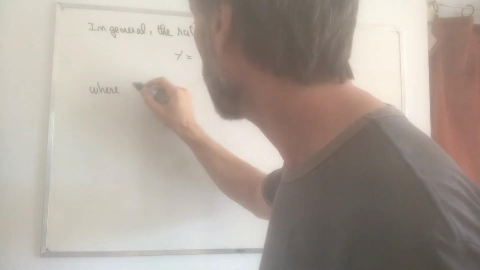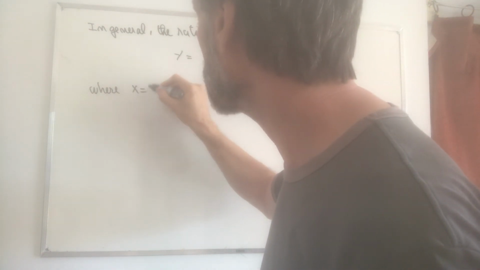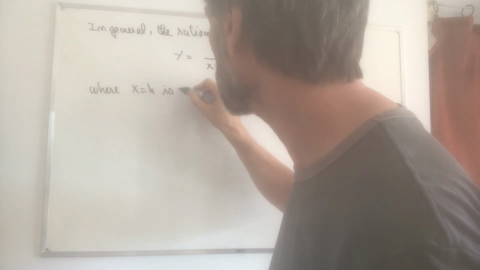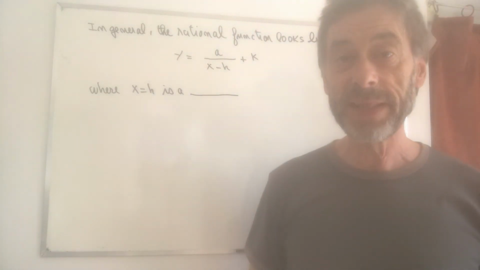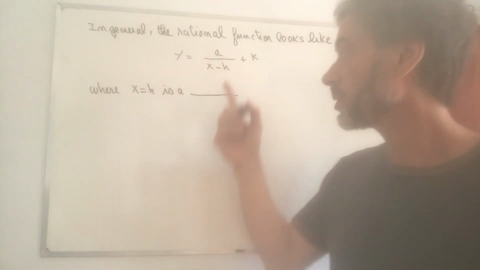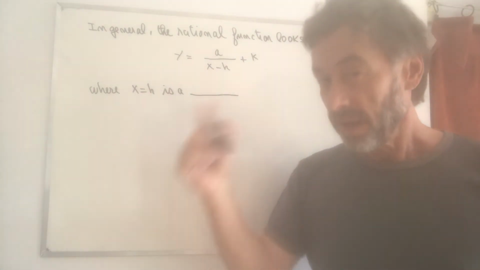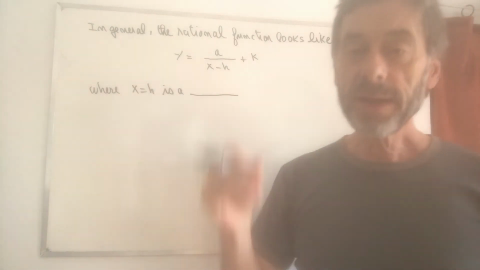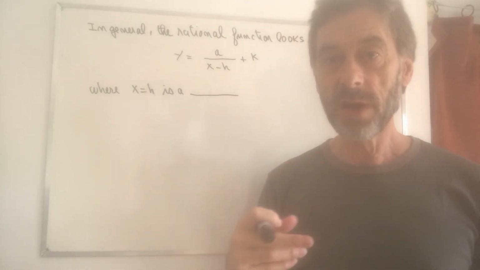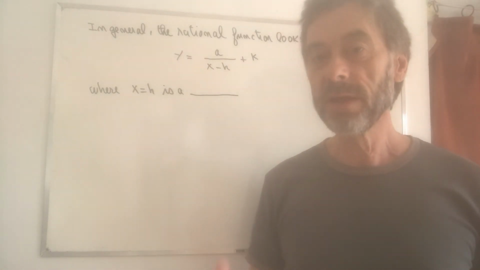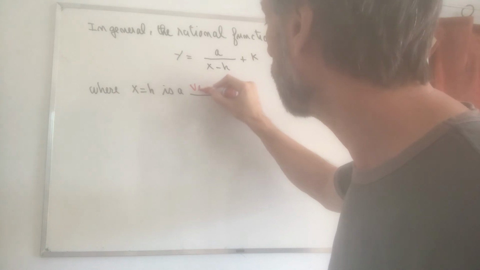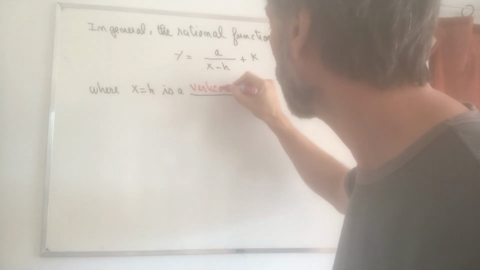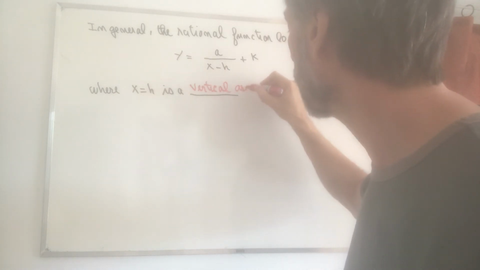So what is x equals h? Can you fill in that blank? What makes the denominator 0? In the previous function 1 over x, x equals 0 made the denominator 0, and it ended up being a vertical asymptote. So that's exactly what this is. X equals h is a vertical asymptote.